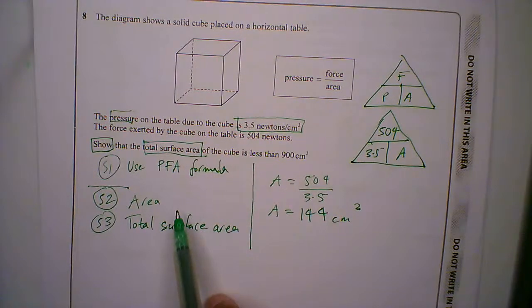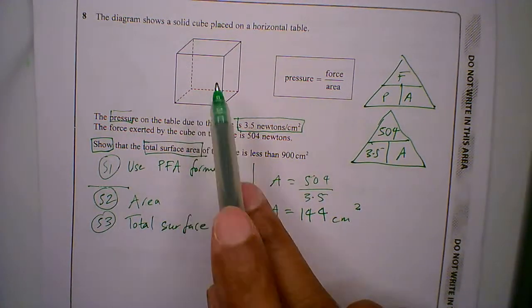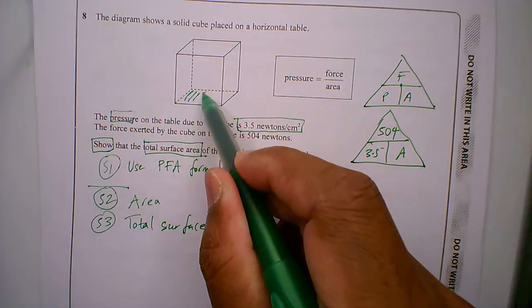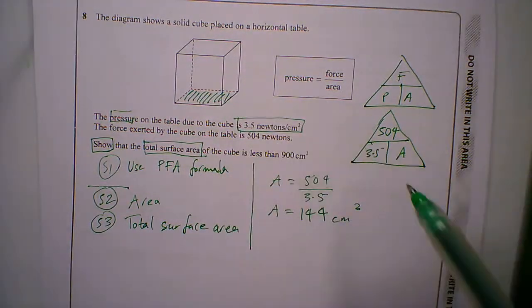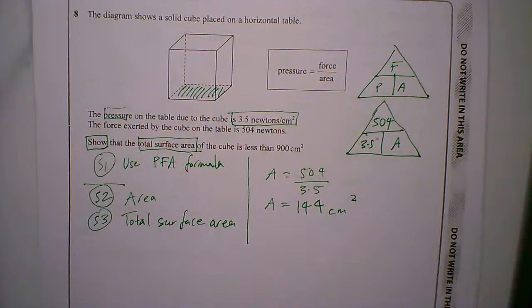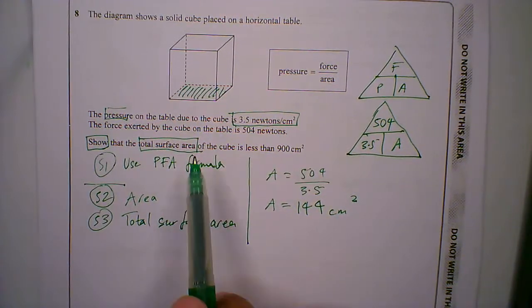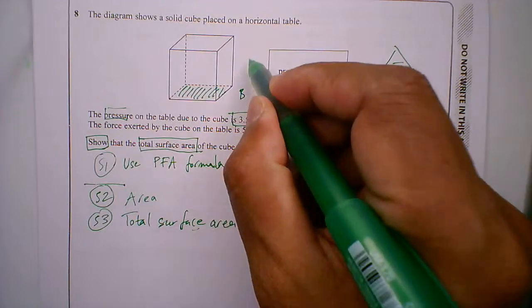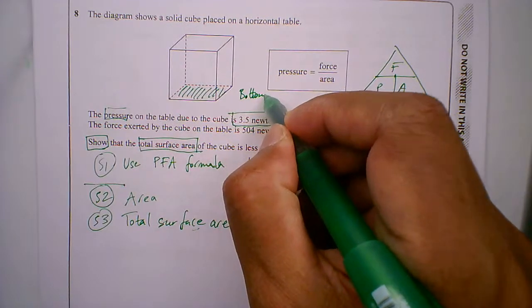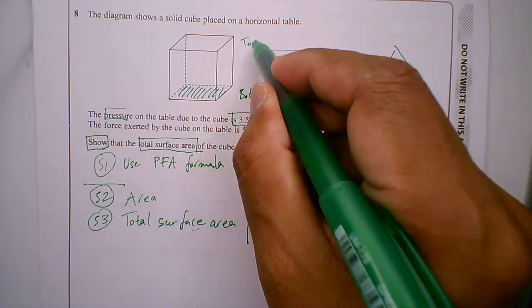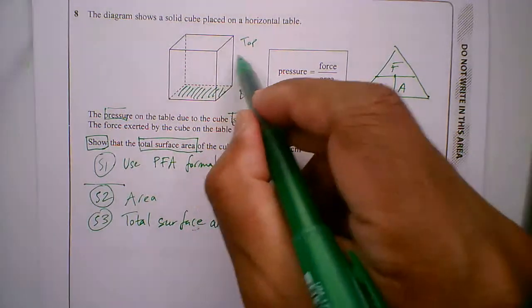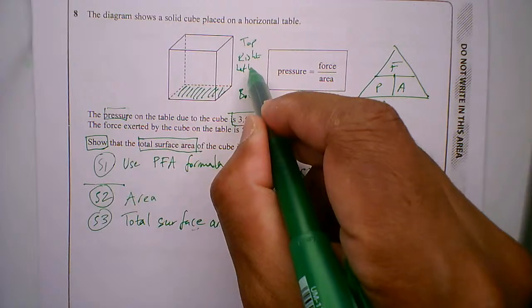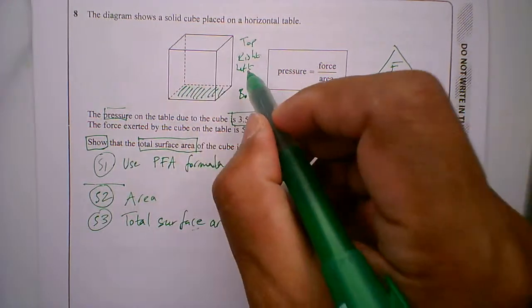Now, that's one area. If you think about it, a cube, how many? So what is this area? 144 represents this base here. That's what that represents. So I need to think about my total surface area. So I've got a bottom part here. I also have a top. So they're going to be the same. Then I've got the right-hand side and the left-hand side. And then I've got the front and the back.